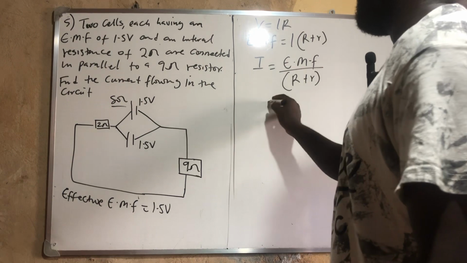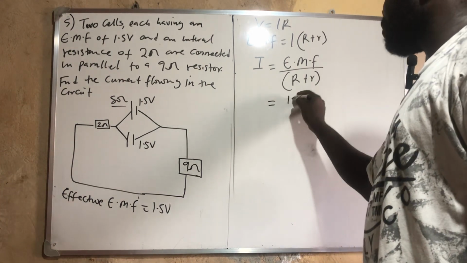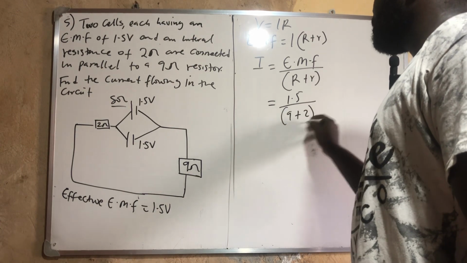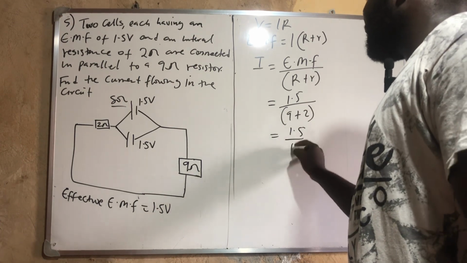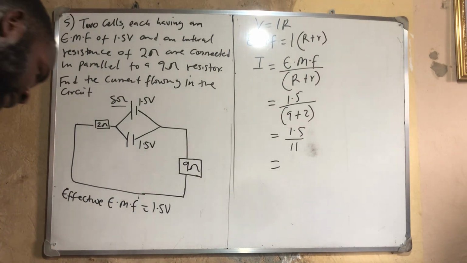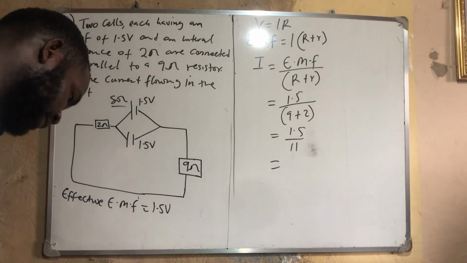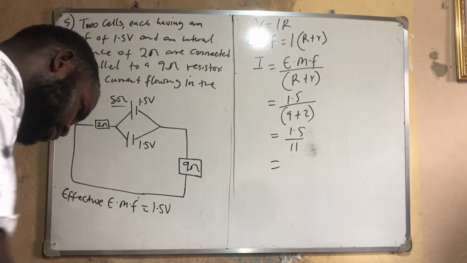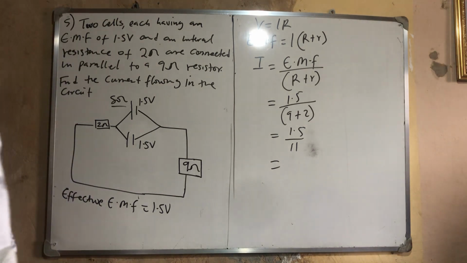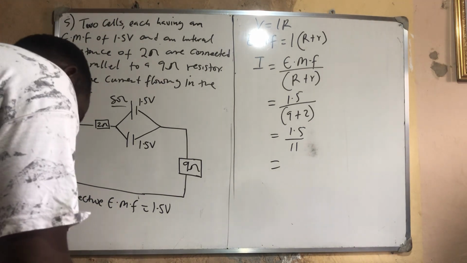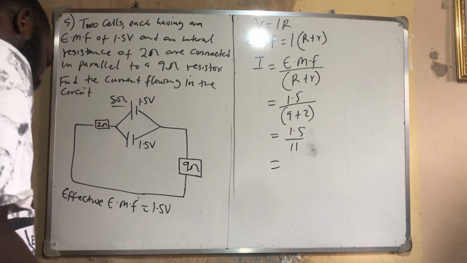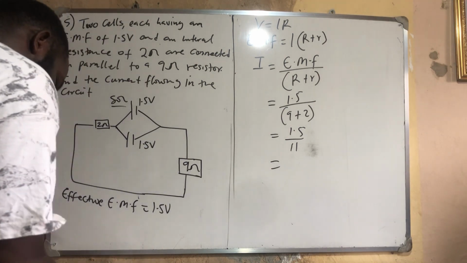The EMF I've gotten as 1.5 all over 9 plus 2, which is 1.5 divided by 11. You can do that.